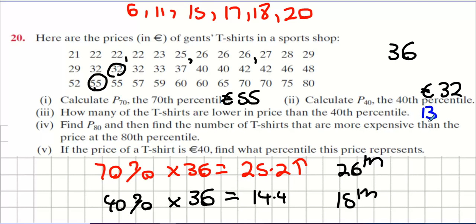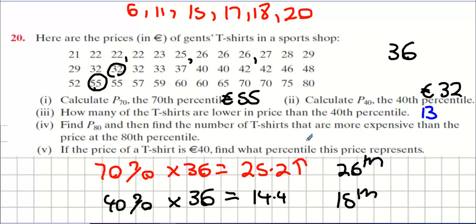I have the old marking scheme with me here. Yeah, it says 14 actually, but we're going to disagree with that, aren't we? And say 13. And because we rounded it up, if anything, 32 is more expensive than the 40th percentile. So I'm going to stick with 13.